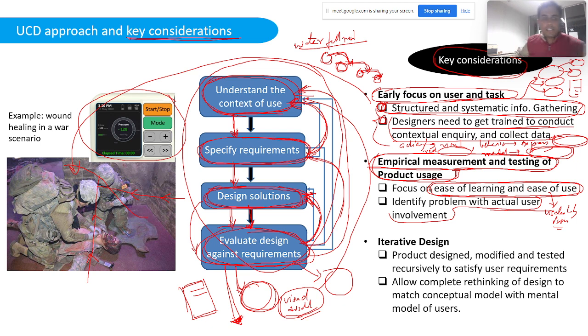For example, if you want to know about the problems of using a device in this particular scenario, you probably need to first observe or contact the person who is used to using this device, not a stakeholder who is sitting outside this scenario, who is probably the general or the major in a battalion.